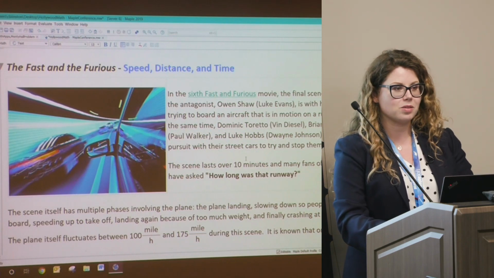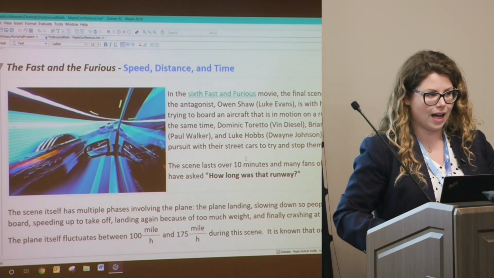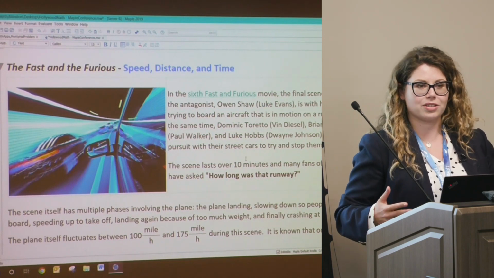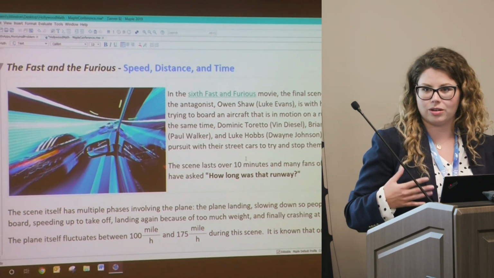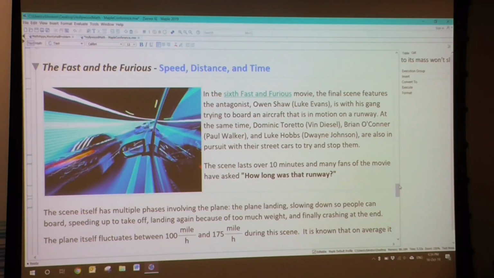So there's been lots of debate over how long this runway would have to have been if it was actually a real-life runway and we weren't all living in Hollywood. The scene has multiple phases: the plane landing, slowing down so people can board the plane as it's moving, speeding up to take off, landing again because of too much weight, finally crashing at the end, all within the scene and the very long runway.